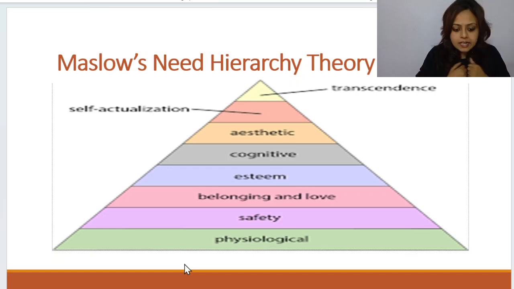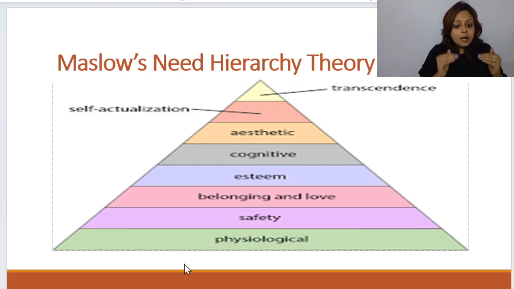In the self-actualization stage, an individual is becoming self-satisfied, happy from within for the various activities which he or she has done.